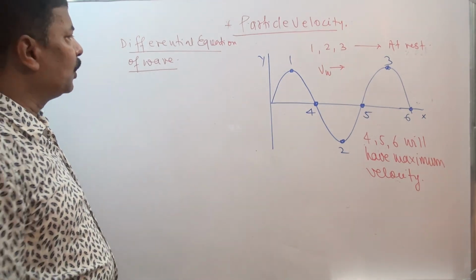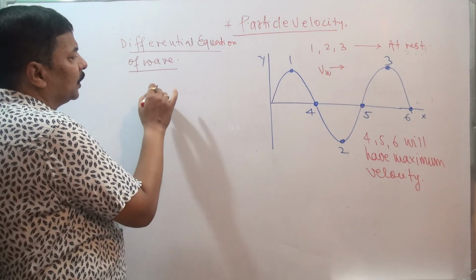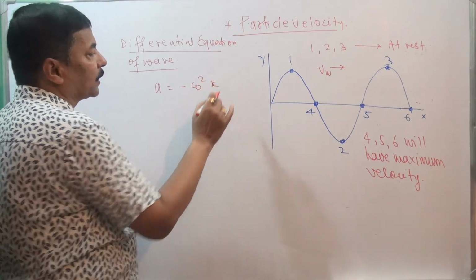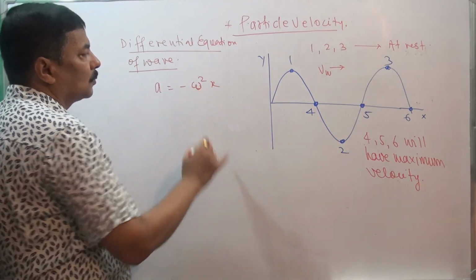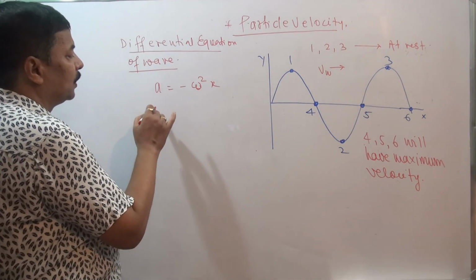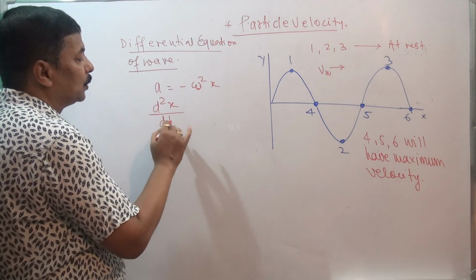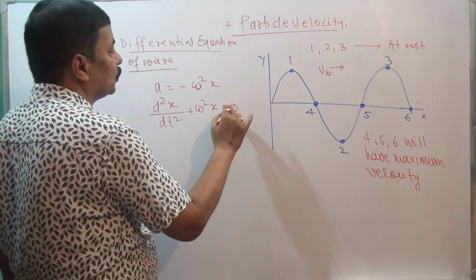In simple harmonic motion, you have seen that a is equal to minus omega square x. That means d2x by dt2 plus omega square x is equal to 0.